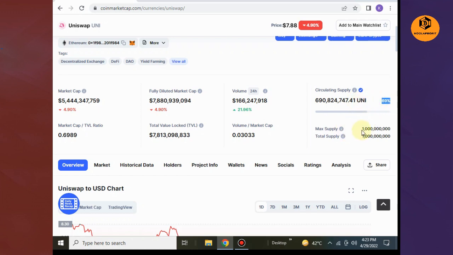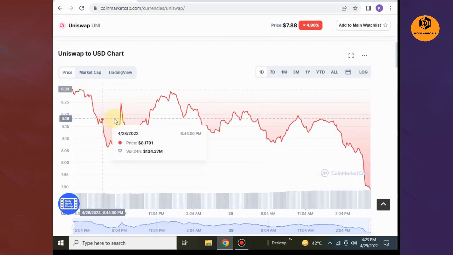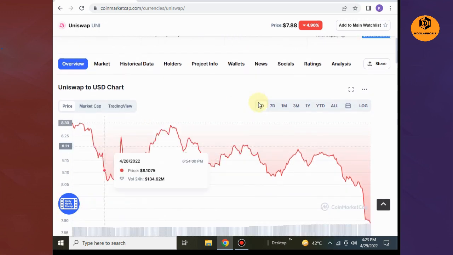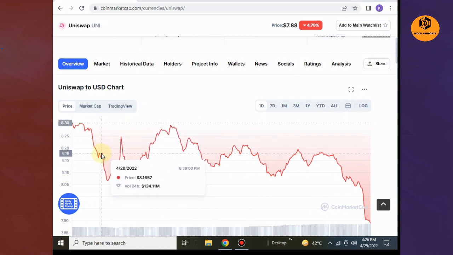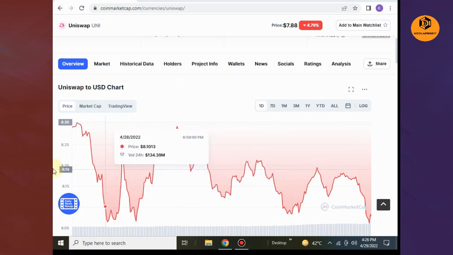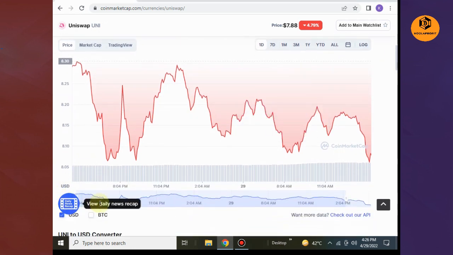And the maximum supply value is this, and the total supply value is this. Here is the overview of the Uniswap to USD chart, where you can check the price ups and downs. Currently in the chart it is 8.30. The current value of this coin is $8.30. From here you can scroll down and check all the details.